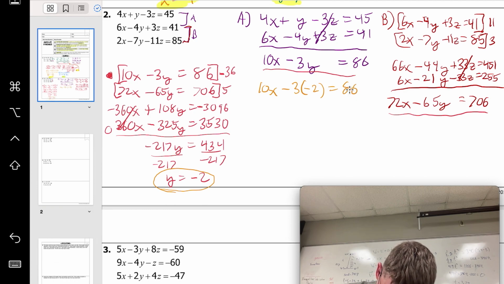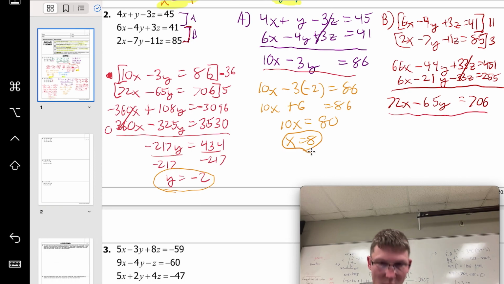That is a plus 6, so 10x plus 6 equals 86. We'll subtract 6 from both sides: 10x equals 80. X equals 8. We are well on our way.